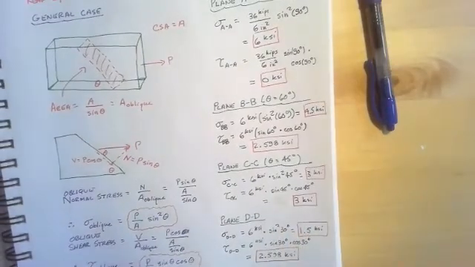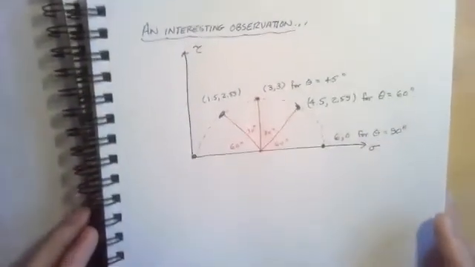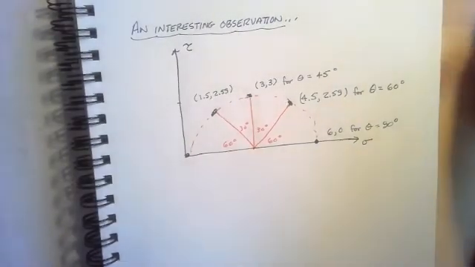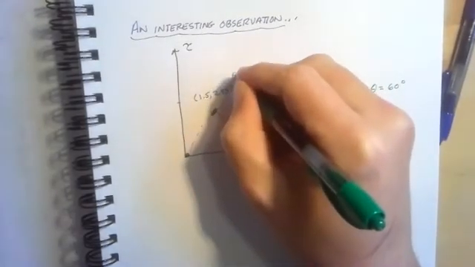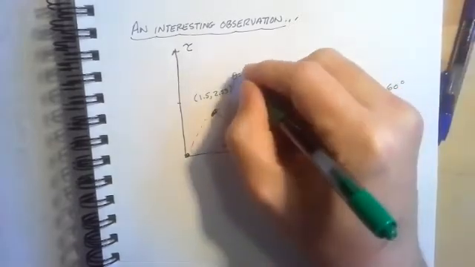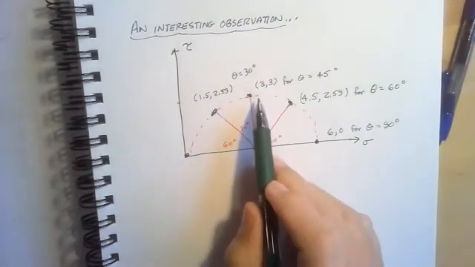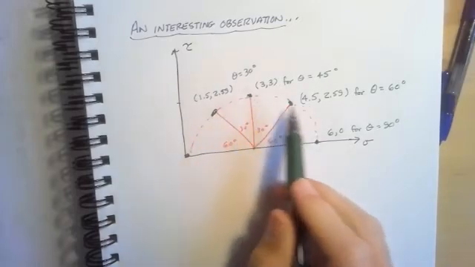Maybe we can make some sense out of these results in a graphical way, and that's what I'm going to do here. If I take a look at the results for different angles of inclination, I'd have an angle of 30 degrees for this one, 45 degrees here, 60, and then 90 degrees for theta.